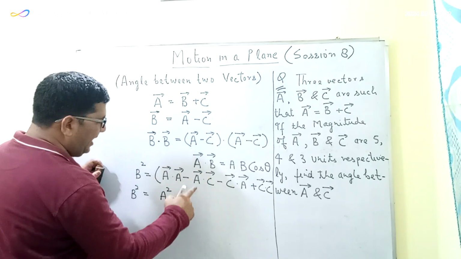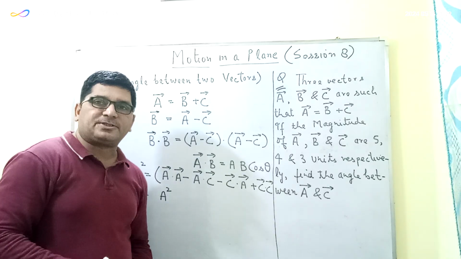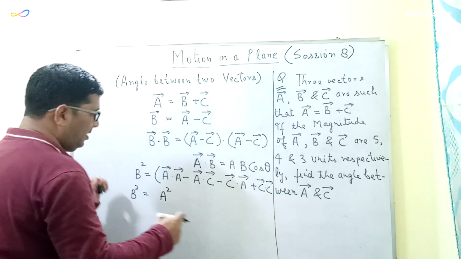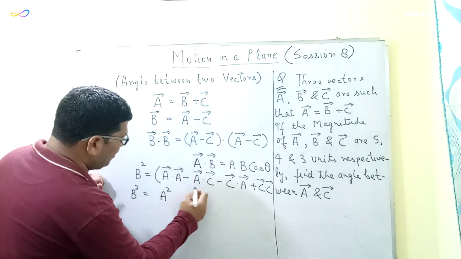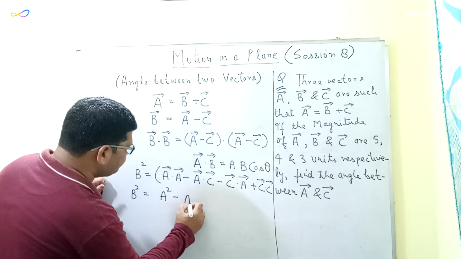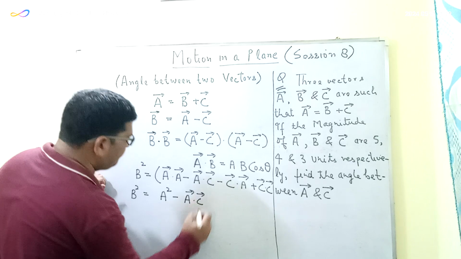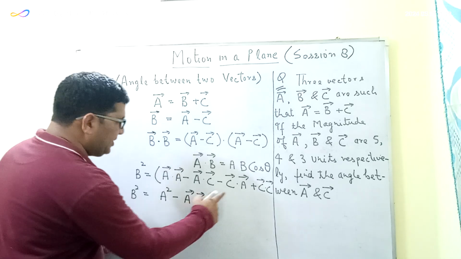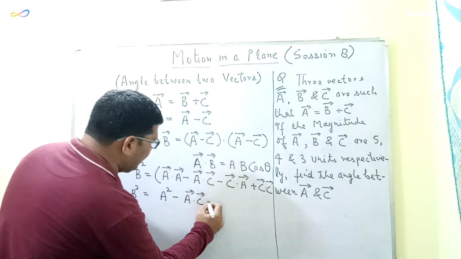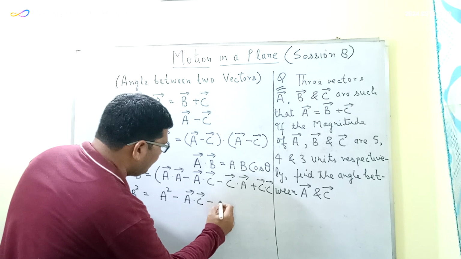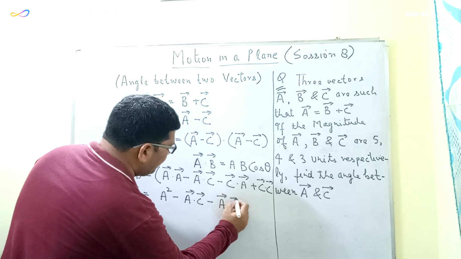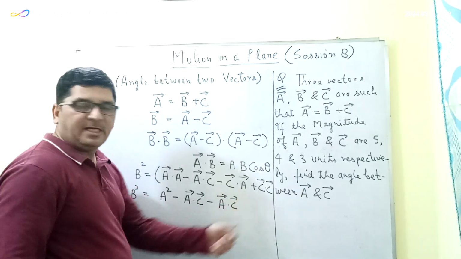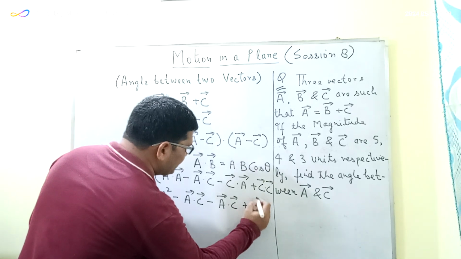Now we know that the scalar product of two vectors obeys the commutative law, so vector C dot vector A can be written as vector A dot vector C, plus this will be equal to C square.